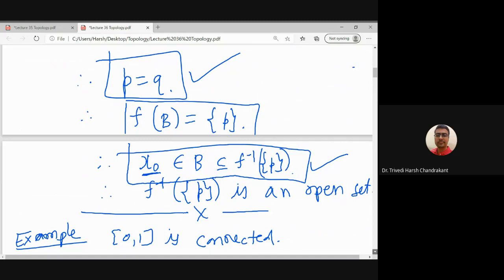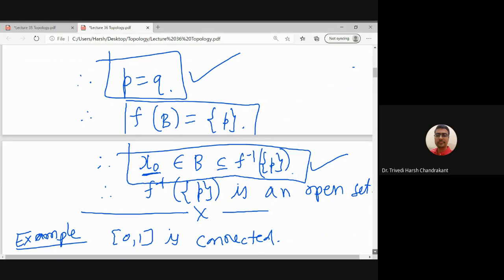So finally we proved that deleted comb space is not path connected. But we proved that deleted comb space is a connected topological space. So therefore, this is a counterexample that every connected topological space need not be path connected.